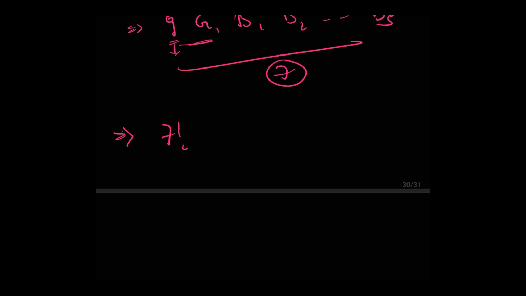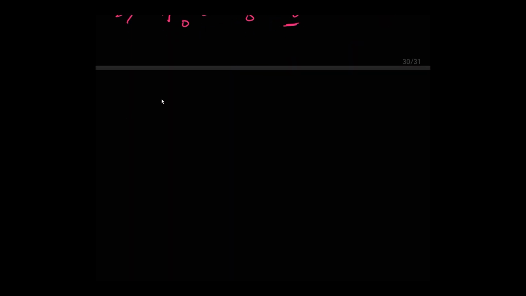Total number of ways is 7 factorial minus the number of ways in which we make these two a group, that is 2 factorial into 6 factorial. These two can be arranged in 2 factorial ways, and the whole will be arranged in 6 factorial ways. That will be 7 factorial minus 2 into 6 factorial, that is 6 factorial into 5.